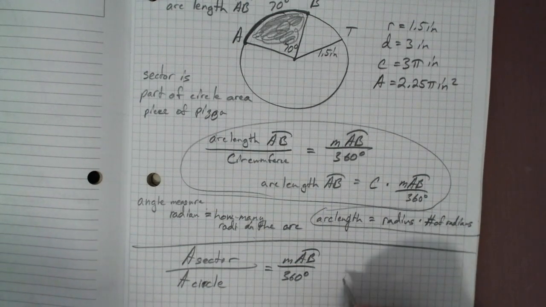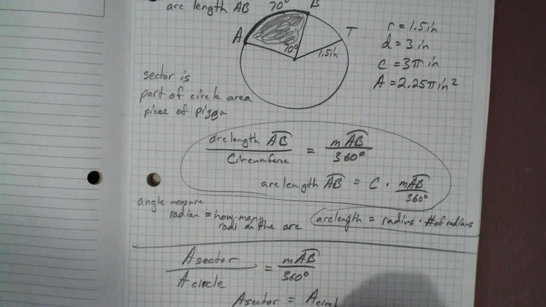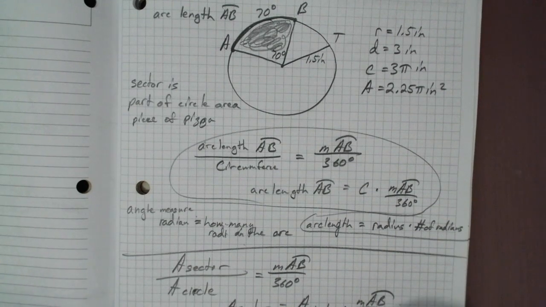Okay? So we can write the area of our sector is equal to the area of the circle times the measurement of my arc over 360 degrees. Now, remember, it's the measurement of the arc, not the length. So measurement is an angle, it's the central angle measure.